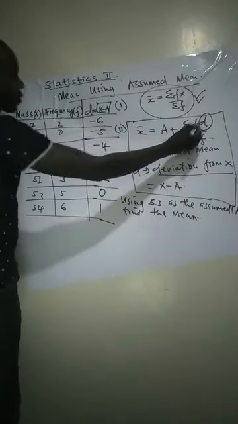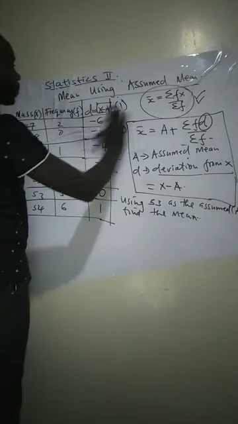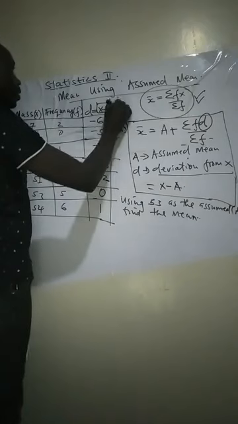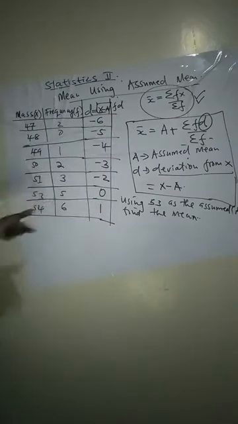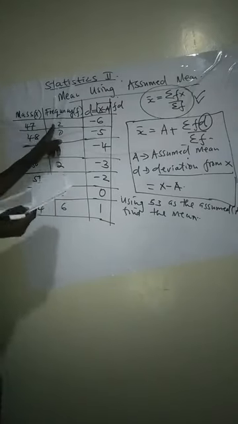But notice that we've just said that the formula is the summation of FD. So you will need to get the values of FD. Now, notice that in this case, the frequency of each one of them, the first for 47 is 2. So we have 2 times negative 6.